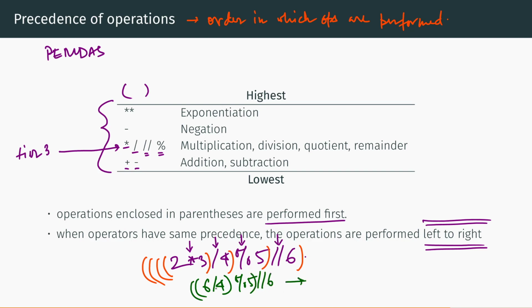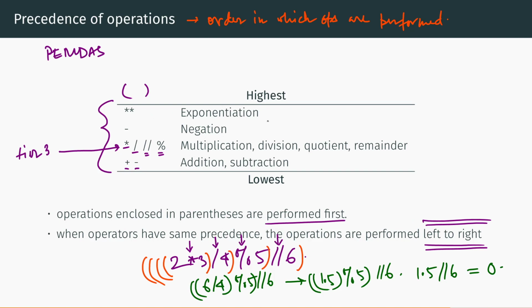And 6 divided by 4 would be 1.5, 1.5 modulo 5, integer division 6, and then 1.5 integer division 6 would be 0. Okay, so that's how it's done if you cannot resolve it.